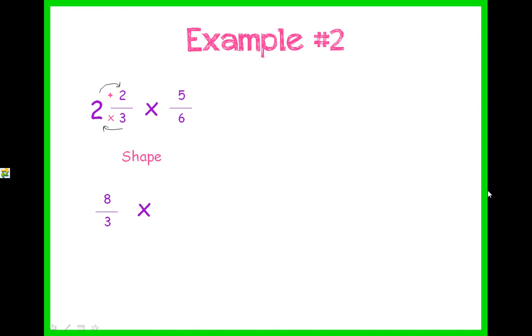Then you can just bring down your times 5 over 6. After you shape, you're going to operate. You're going to multiply straight across. So you're first going to multiply your top numbers. 8 times 5 will give you 40. Then the bottom numbers, your denominators, 3 times 6 will give you 18.